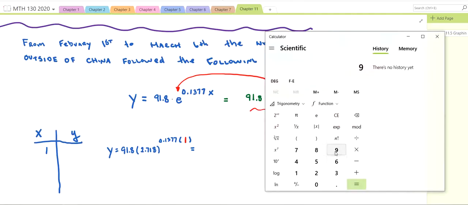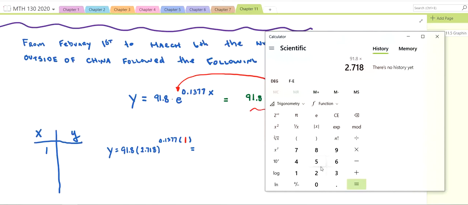Here, I'll type in 91.8 times 2.718. That's interesting because that's my estimate for e, but here in the calculator I could actually press this exp. It's going to be the same thing.